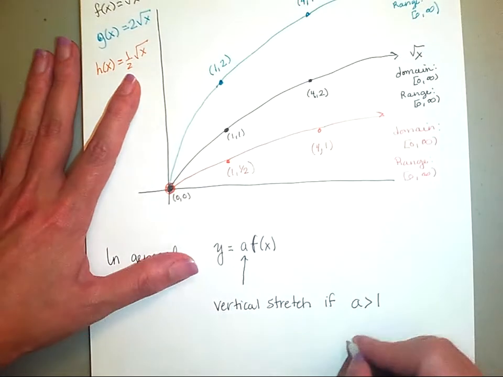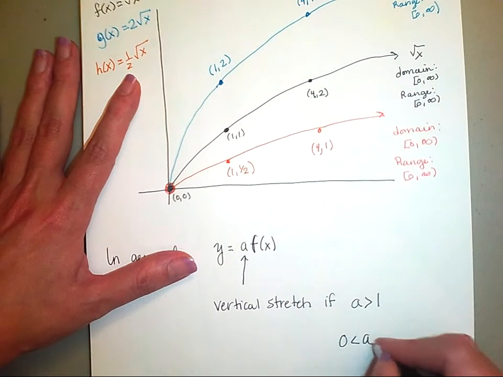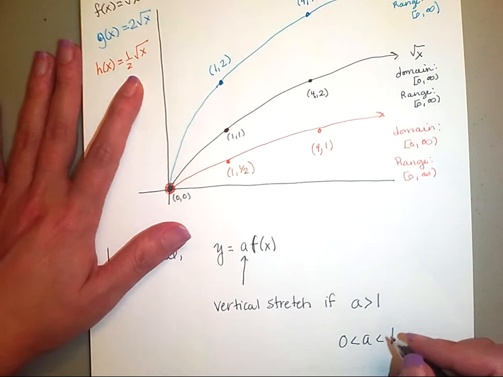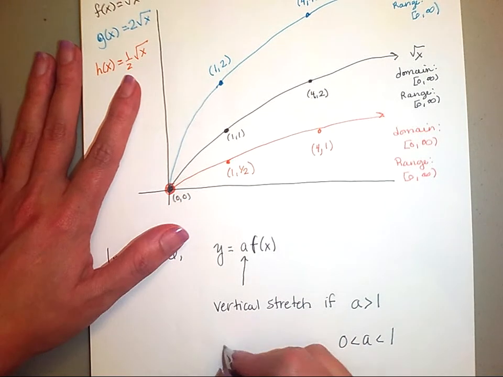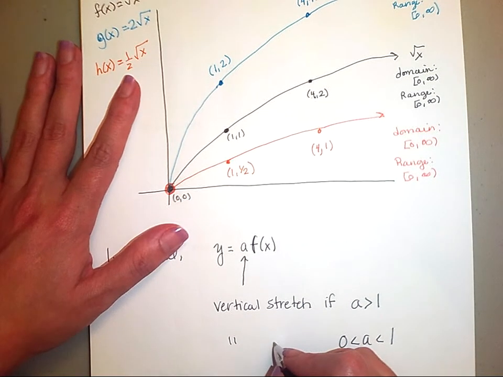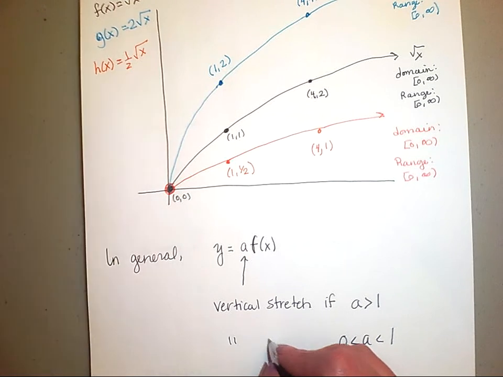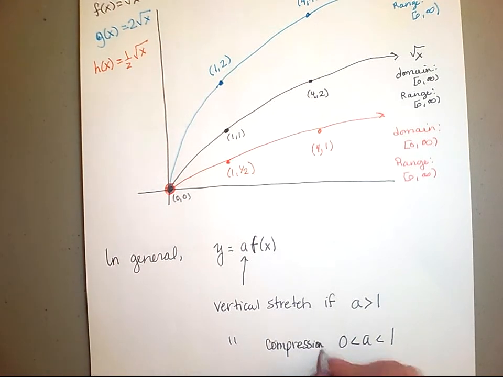Now if a is less than 1 but greater than 0, that is if it's some fraction, you're going to get the vertical shrinking. Another word for that is a compression.